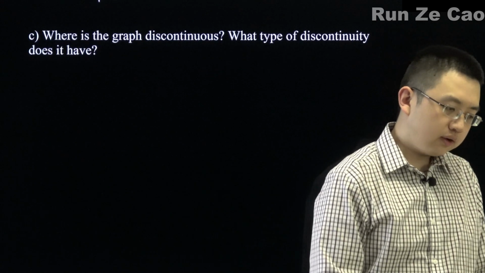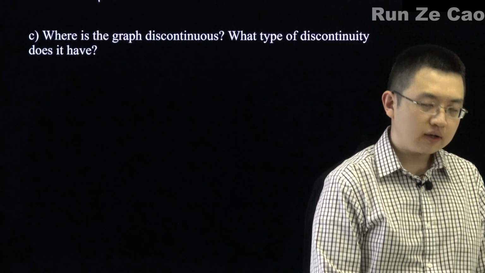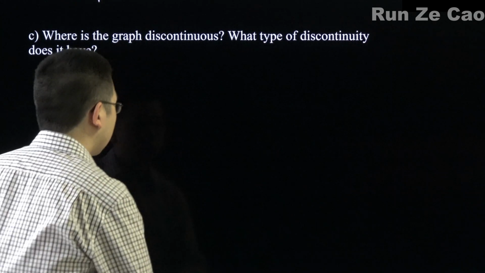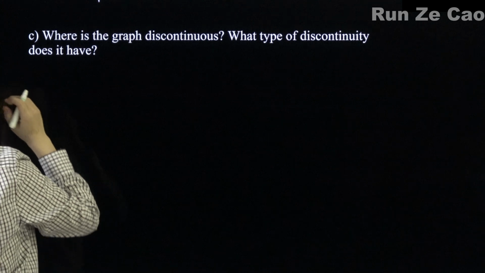Where is a graph discontinuous? What type of discontinuity does it have? Well, there are three types of common discontinuity.